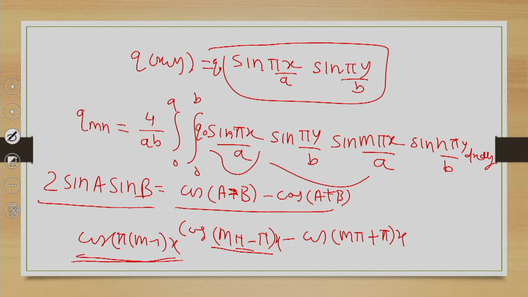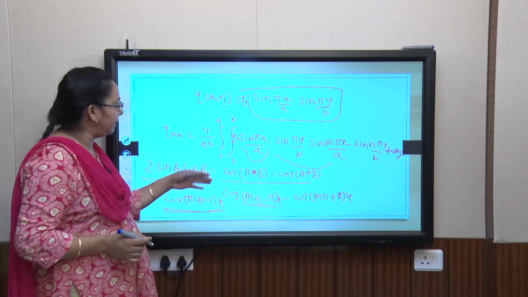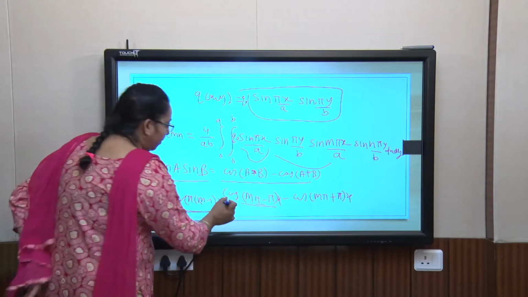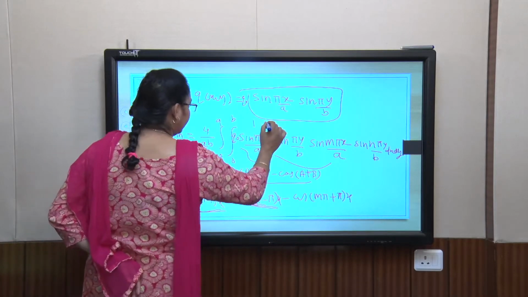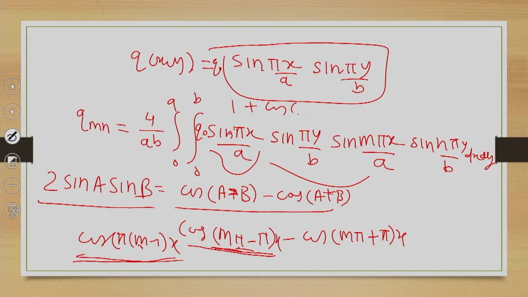So, this first term, when you put m is equal to 1, it becomes 0. When you put m is equal to 2, then the series goes like that. So, we can say this term can be written as 1 plus cos of (m minus 1) pi x.